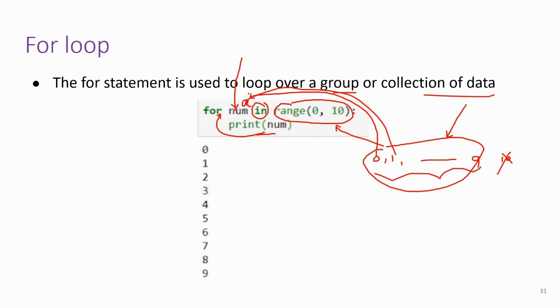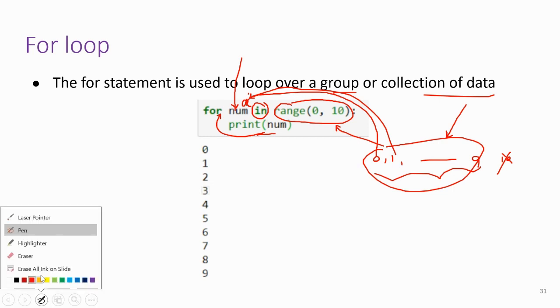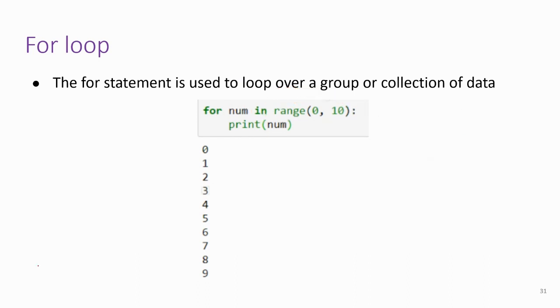If available, it will be taken to the variable num. For all the available data in this collection, those data will be printed. So this is the use of the for loop statement.